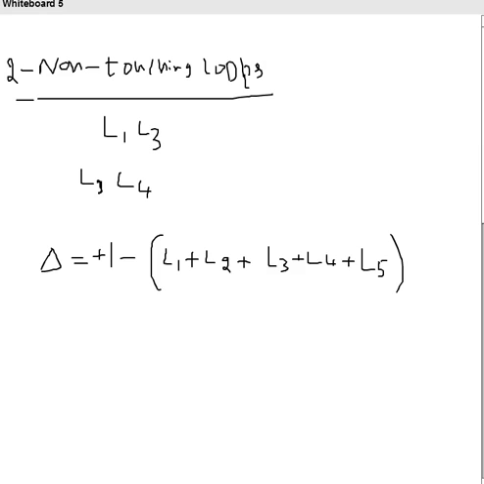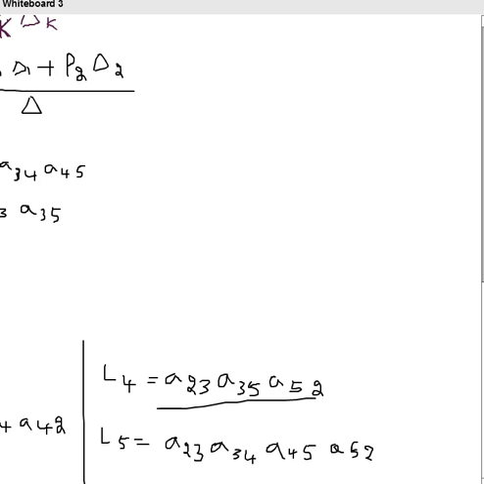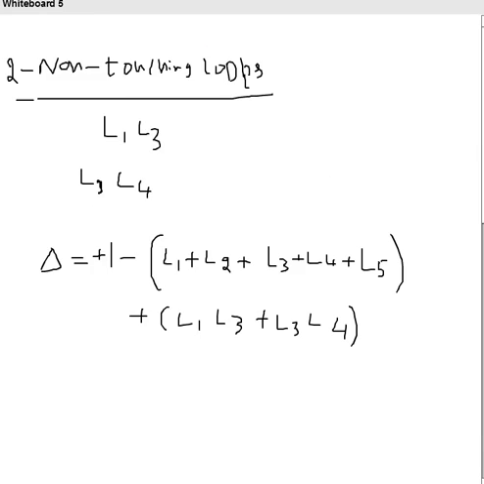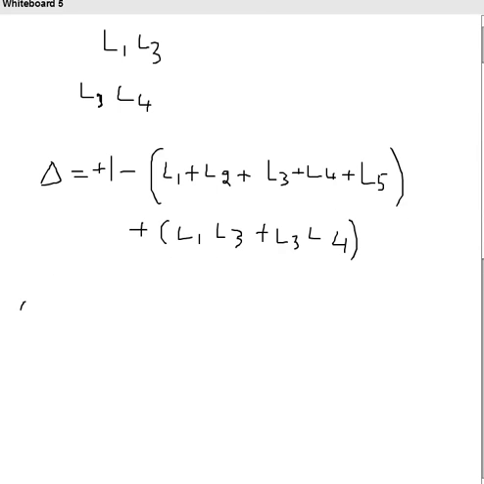So here polarity is alternating, so plus 1 minus again plus L1, L3 plus L3, L4. So this is the determinant of the graph. So out of the formula, P1, P2 I've already calculated, delta I calculated. Remaining unknowns are delta 1 and delta 2.